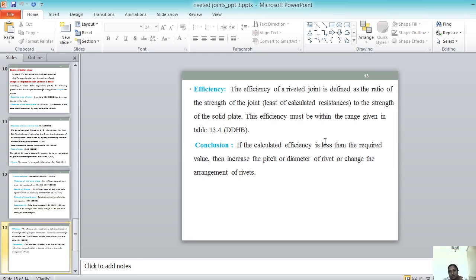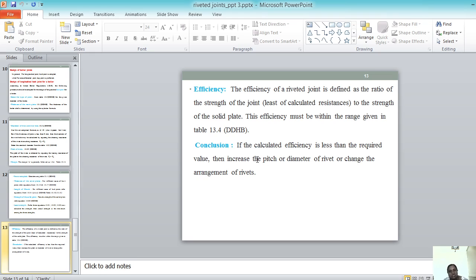So how are we going to conclude this? Finally, if the calculated efficiency is less than the required value, increase the pitch or diameter of the rivet, or change the arrangement of the rivets. If the calculated efficiency is very much less than the required value, the calculation is very less but the requirement is more, then what are we going to do? We need to improve our design.